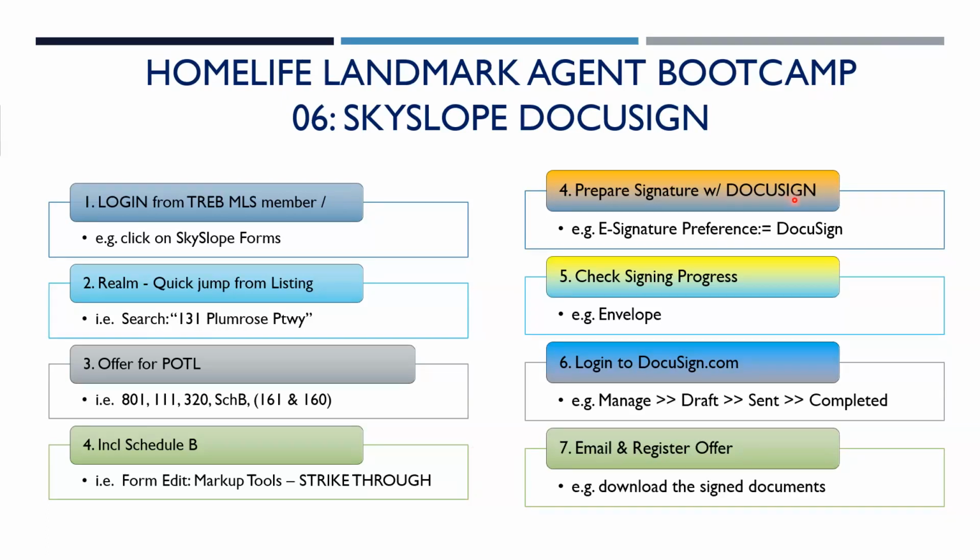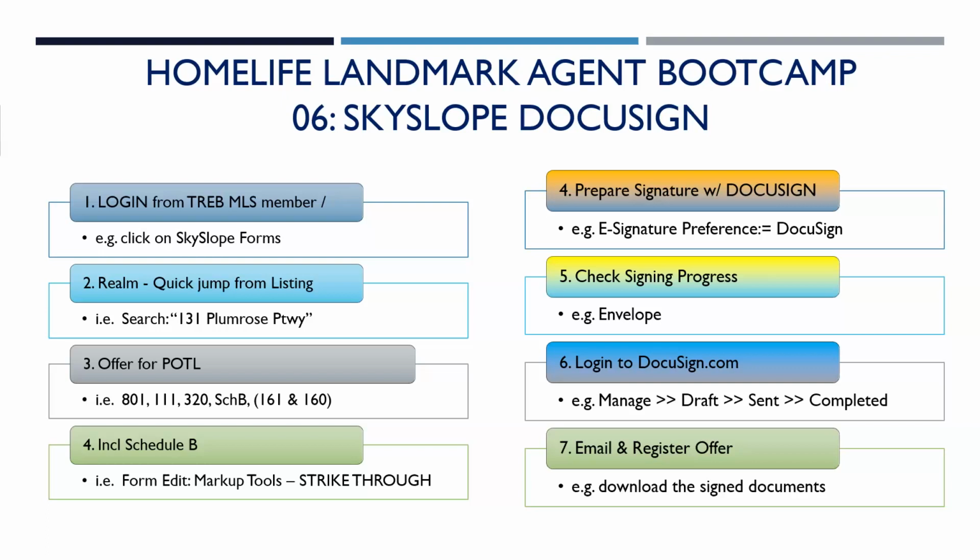So in the Skyslope forms, that's the preference. In your profile, there's a preference. You can specify which e-signature to use. So you can do Docusign or you can do the other one. It's up to you, right? But most of the new agents will use Docusign. I think Docusign will be good enough to do basically everything.